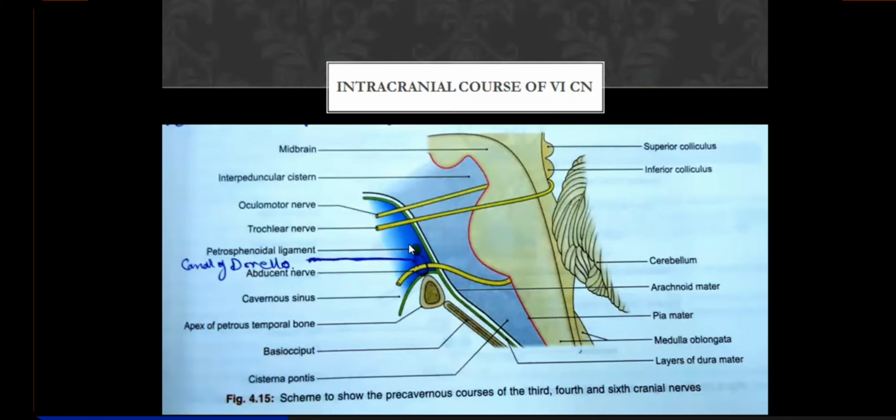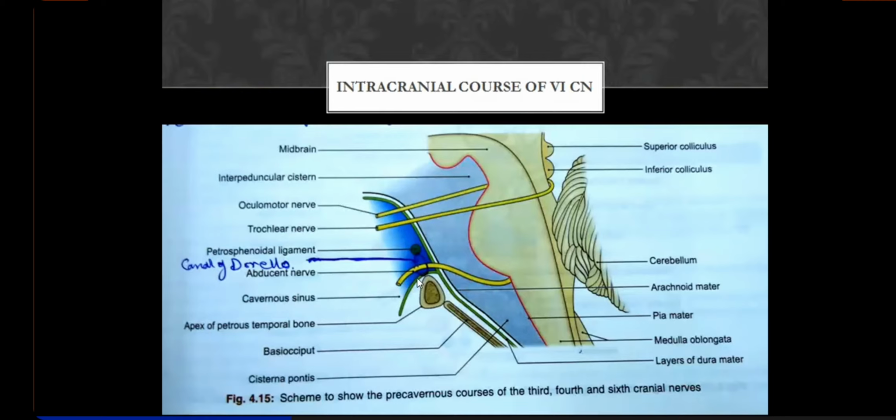So abducent nerve, while it arches or jumps over the apex of petrous, is passing below this petrosphenoidal ligament, and that space formed is called canal of Dorello. This was asked in PG entrance exam sometime, which cranial nerve passes through canal of Dorello. So it is abducent nerve, right?